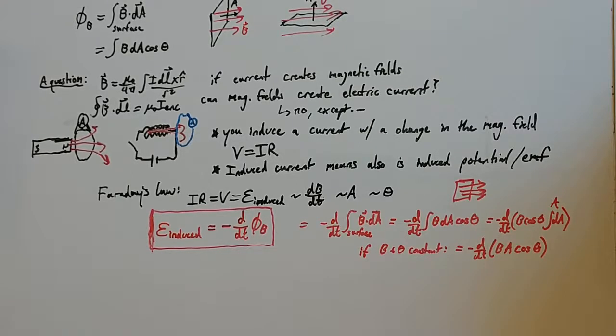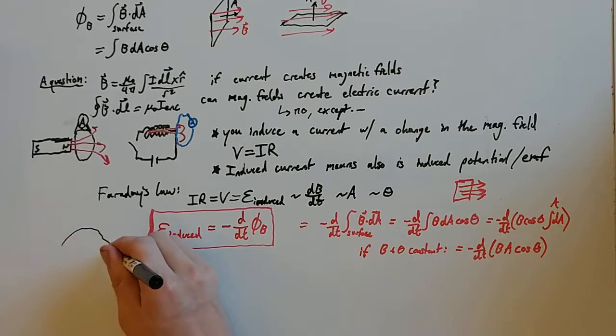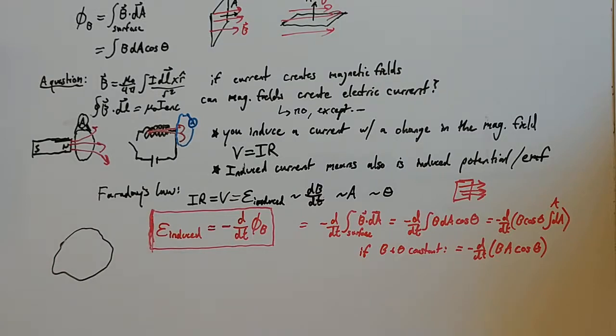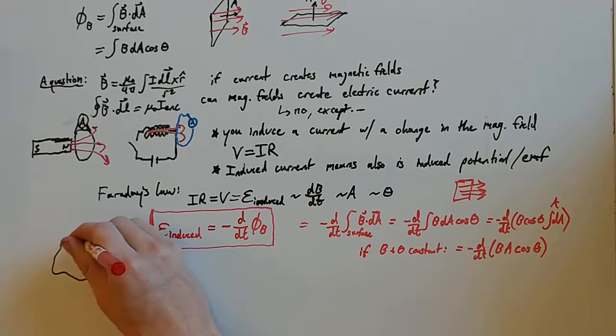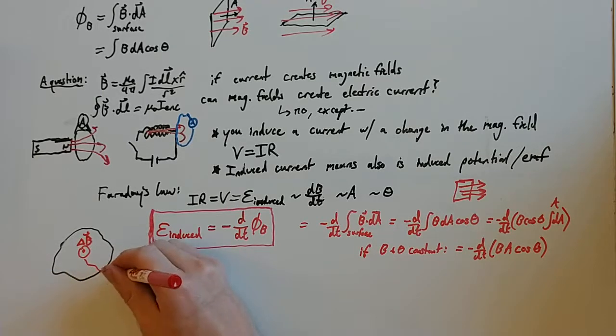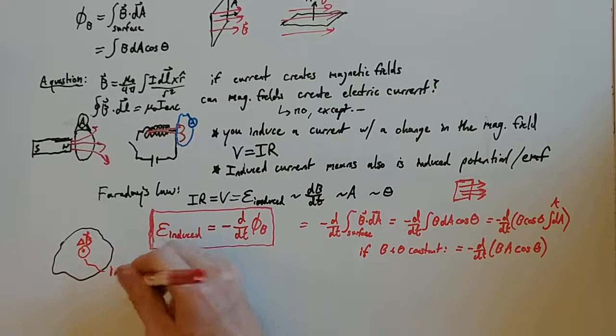But just to get a rough idea of this, imagine that I have some current loop, so let's just draw a little loop of wire here. Then I put a B field through this wire, we'll say coming out of the page, and we're going to increase it. So we'll say delta B is coming out of the page because I'm increasing the magnetic field.